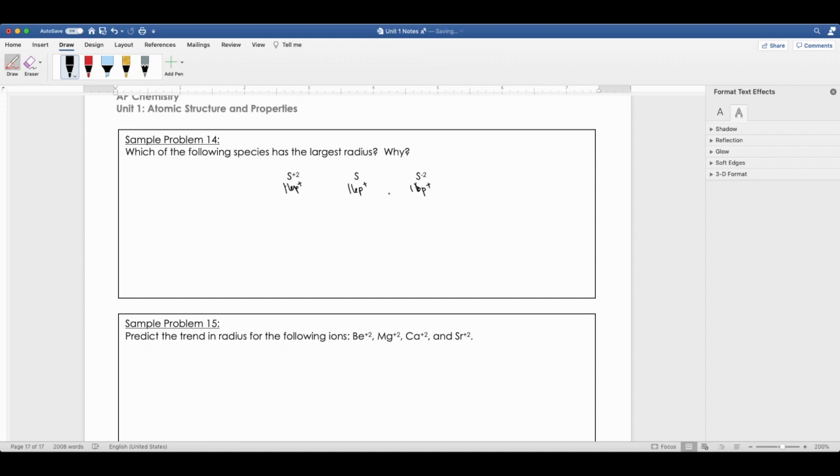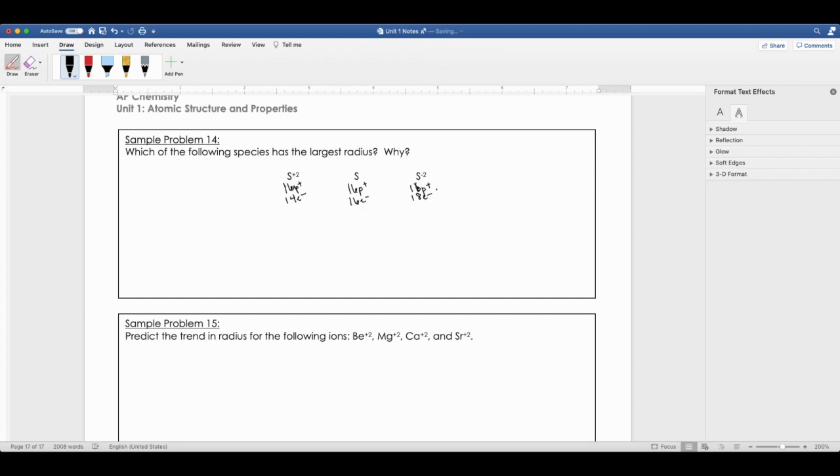Now let's consider the number of electrons. So this sulfur is neutral. So this must mean that we also have 16 electrons. If I have a charge of +2, that means it has 2 additional protons than electrons. And here I have 2 additional electrons as opposed to protons.